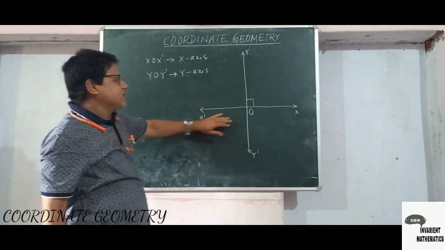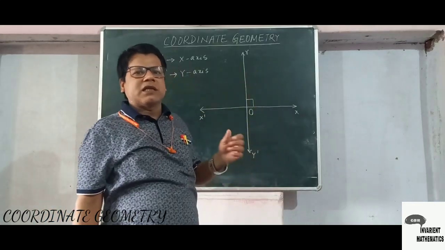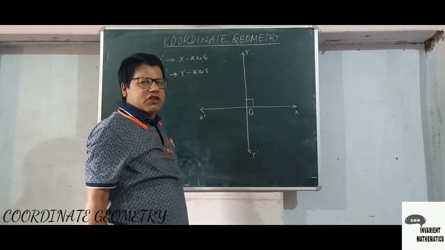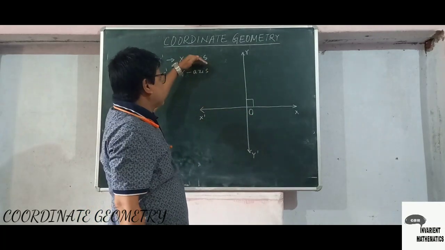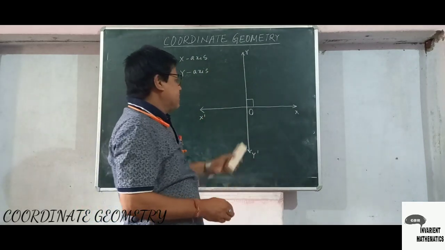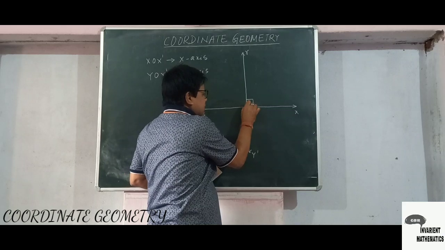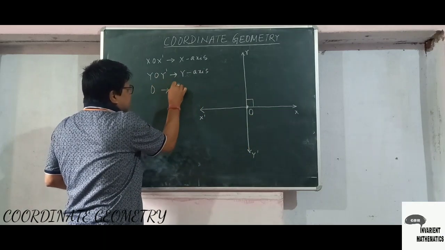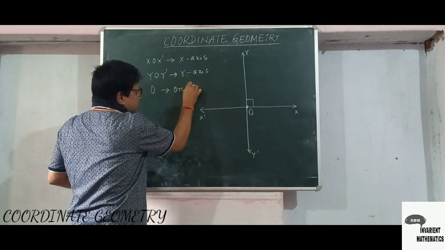So, when two lines, one horizontal and one vertical, are mutually perpendicular to each other, the horizontal line is known as the x-axis, the vertical line is known as the y-axis, and their point of intersection, that means the point O, is known as the origin.